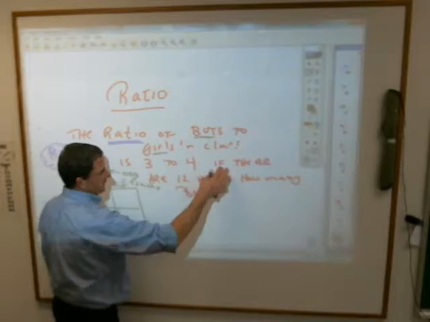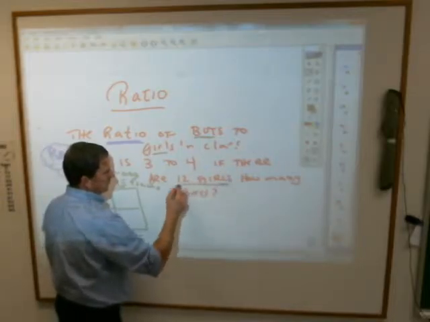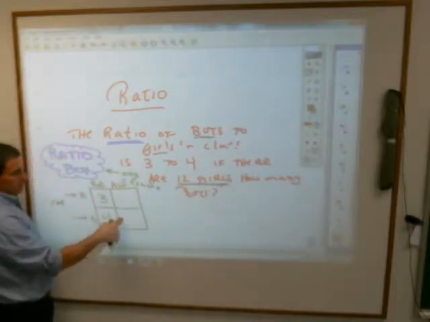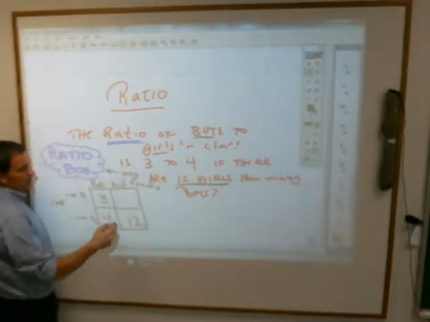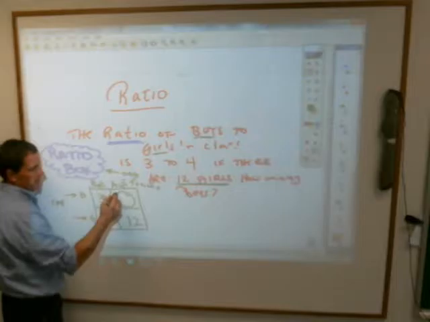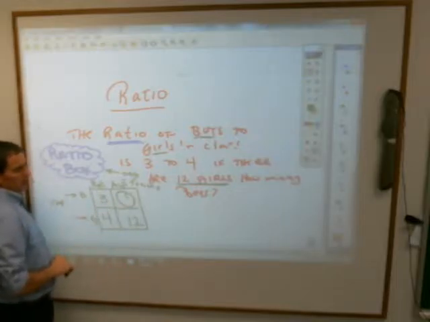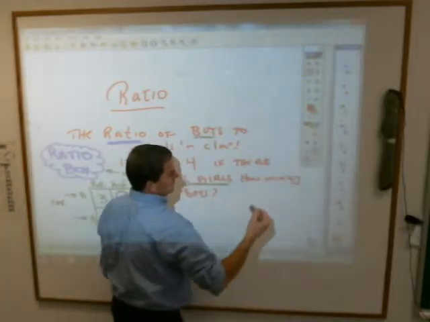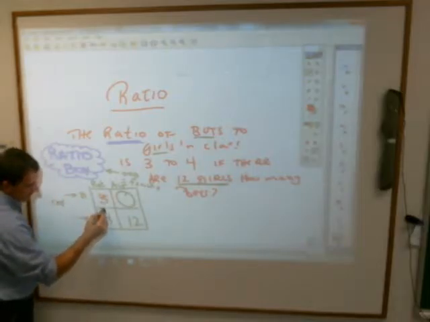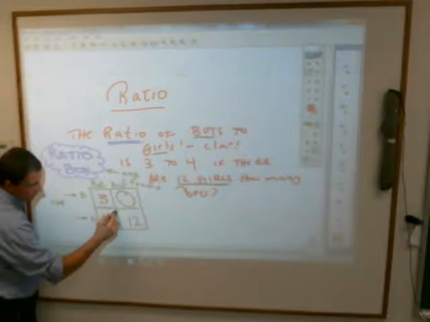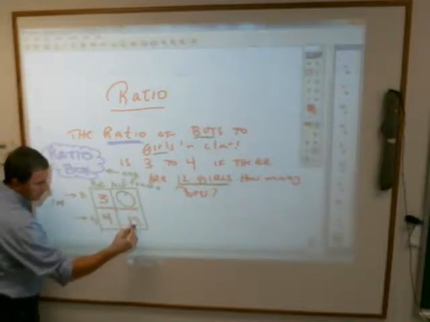And then it gives me the actual number of girls. How many actual girls are there? 12. And I want to know how many boys there are. And that's relatively simple because it's 2 equal fractions. Here are your fractions. You have 3 over 4 equaling some number over 12.